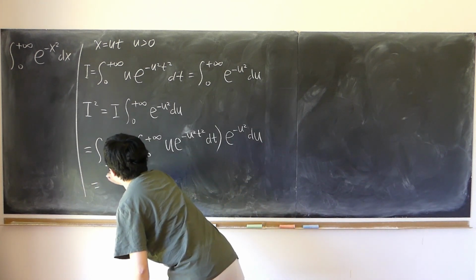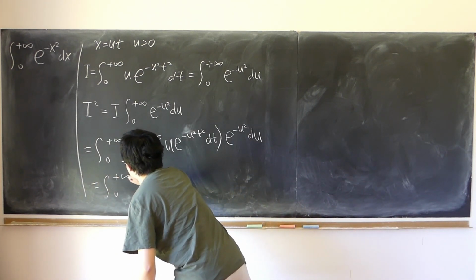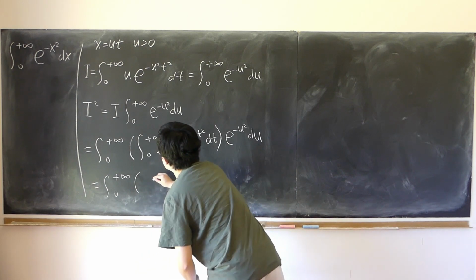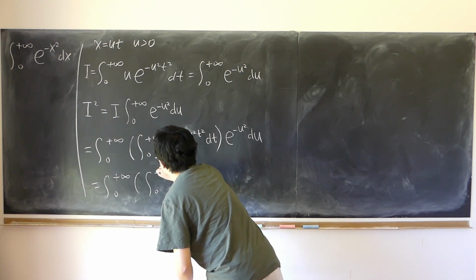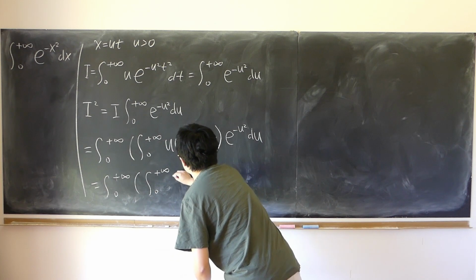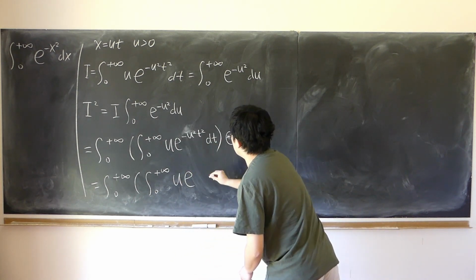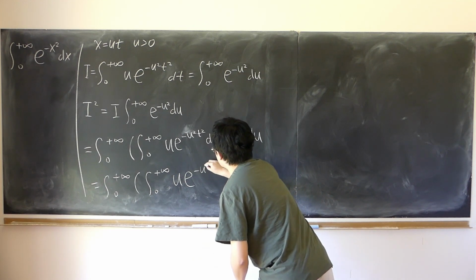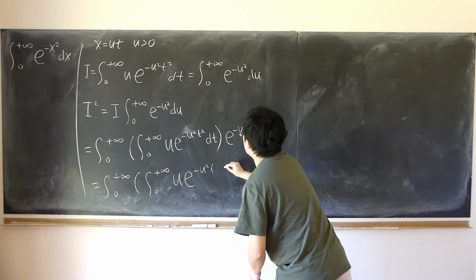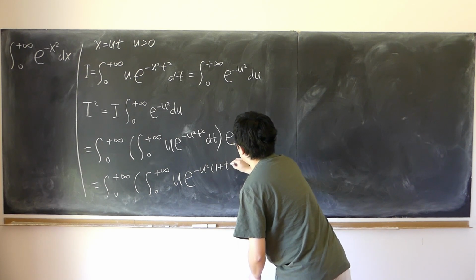So that is first 0 to positive infinity, then the inside integral 0 to positive infinity, u times e to the, combine the powers together, negative u squared, bracket, 1 plus t squared, I believe.